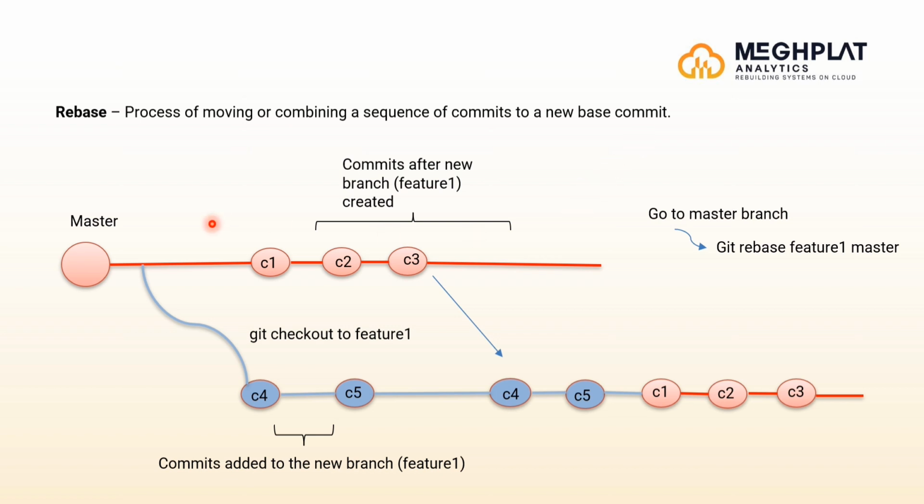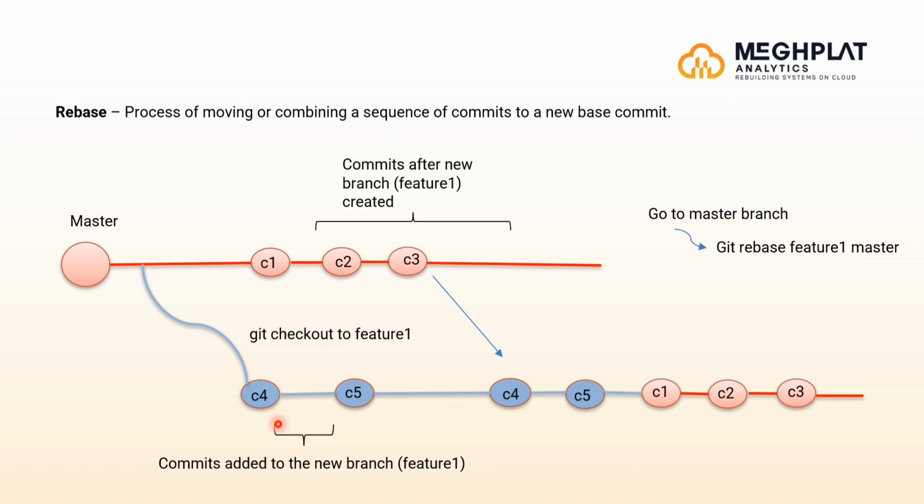So let's assume that we have something called the master branch, and then from the master branch we are using the command git checkout to feature one, which means we are taking a copy of the master branch and creating a new branch called feature one, and then we are switching to the feature one branch using the checkout command.